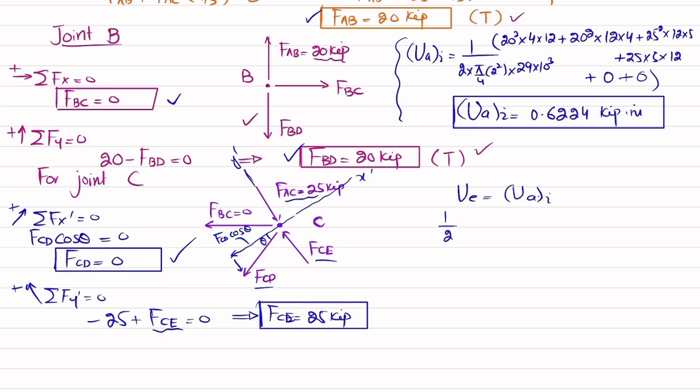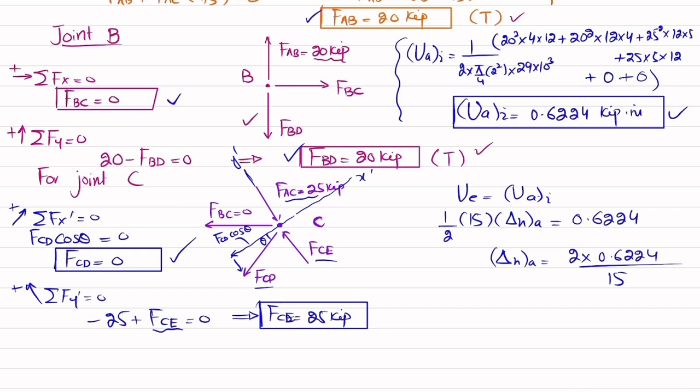So 1 over 2, the load was 15 kips, so 15 into horizontal displacement of point A is equal to UAE, which is 0.6224. So delta H, horizontal displacement of point A, comes out to be 2 multiplied by 0.6224 divided by 15.